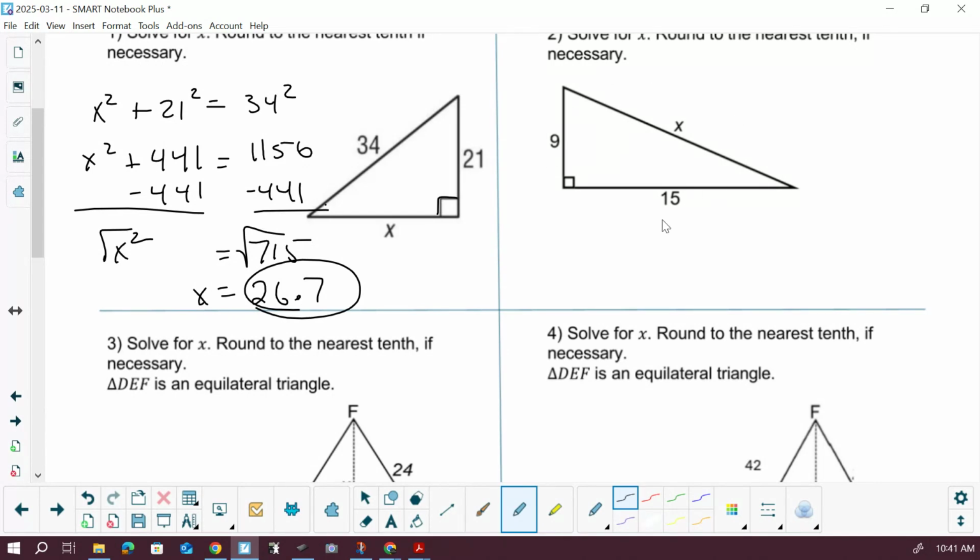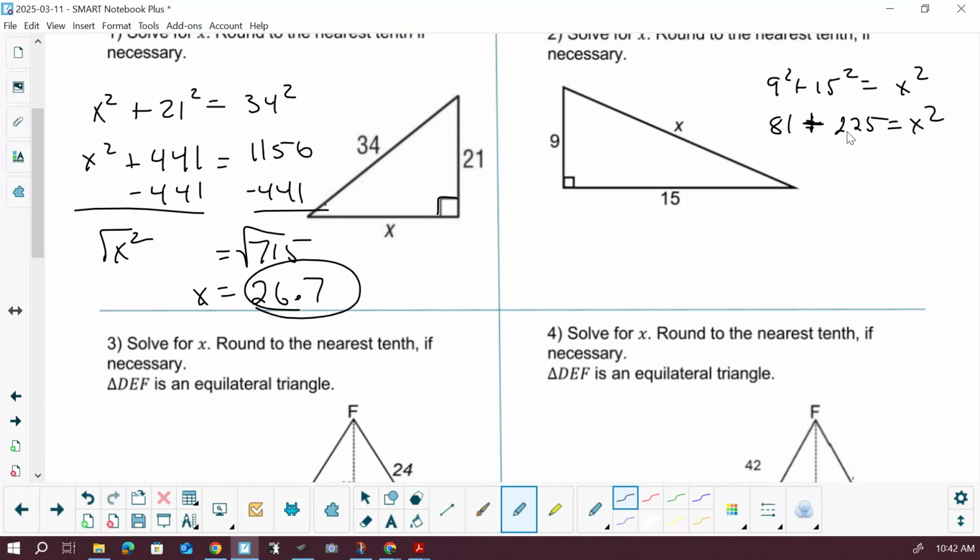We'll do the same thing. Notice we have sides. We don't have any angles listed. The two little angles are not listed. So we know 9 and 15 are the two legs. 9 squared is 81. 15 squared, I think, is, I don't remember, 225. Yeah, 225.